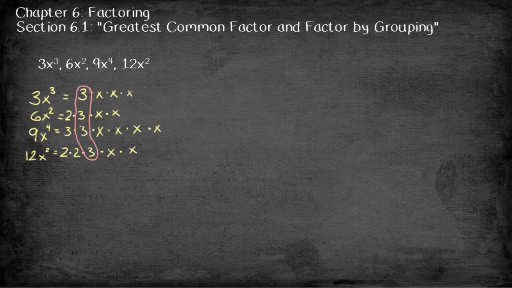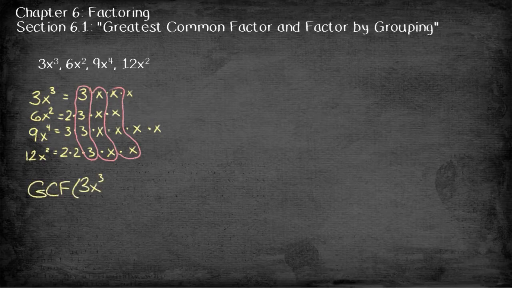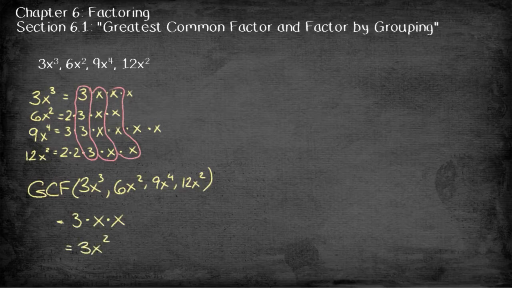There's also one x in common and another x in common, which leads us to the GCF of these 4 monomials is 3 times x times x, or 3x squared.